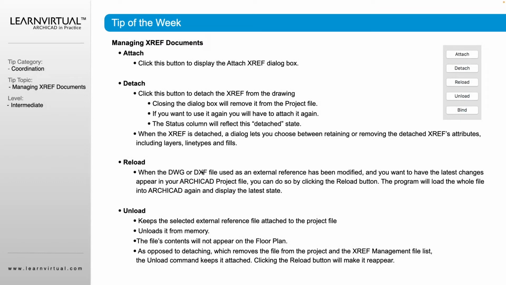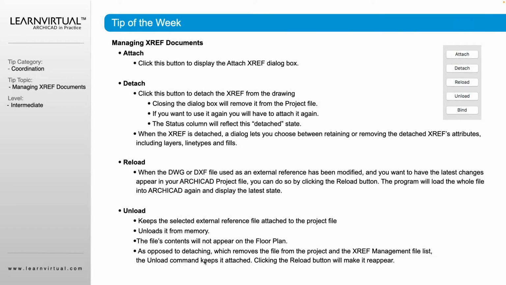Okay. When we reload an object, so we would reload something if it has been attached or detached and we've updated it. Unloading it, it keeps the external reference file attached to the project, but it removes any memory. The contents, there we go, won't appear in your floor plan.